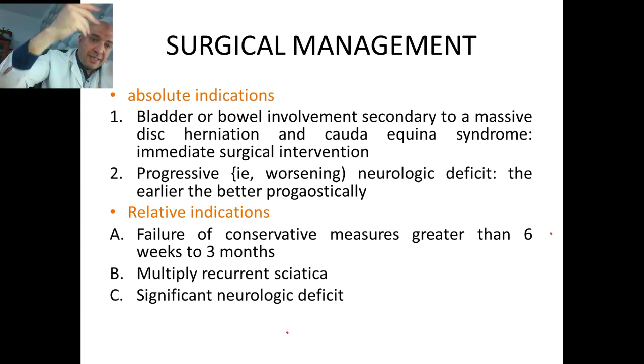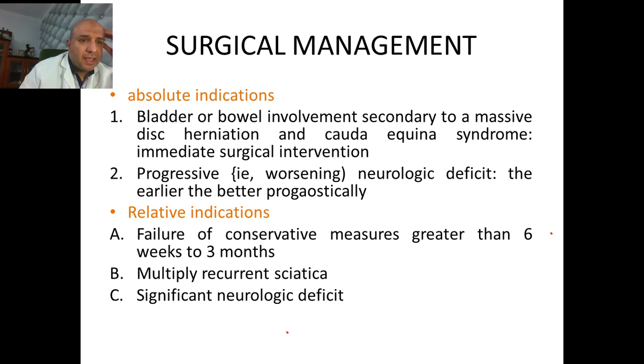Anyway, if there is a progressive deterioration in the motor sheet, in the ASIA sheet previously described, you can do a decompressive surgery, discectomy, or for persistence of manifestations for more than 3 to 6 months.